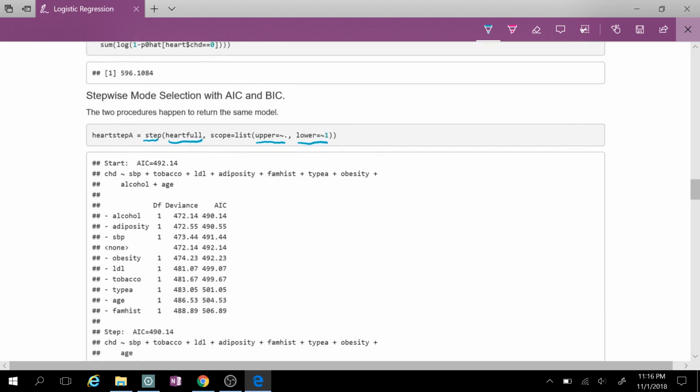So R will start with the full model and then try different actions. Basically just remove each of the existing covariates or don't do anything. And then we calculate the corresponding AIC, rank the AIC from small to large, and take the action corresponding to the smallest AIC. In this case, we're going to remove alcohol.